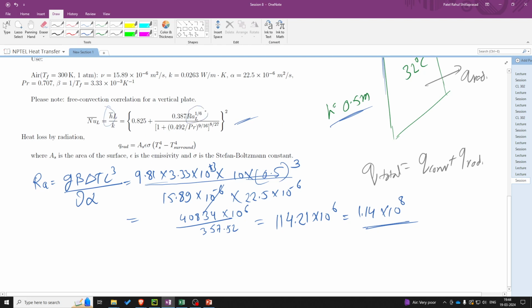So first let us find the value of Rayleigh number raised to 1 by 6. This will come out as 22.02.